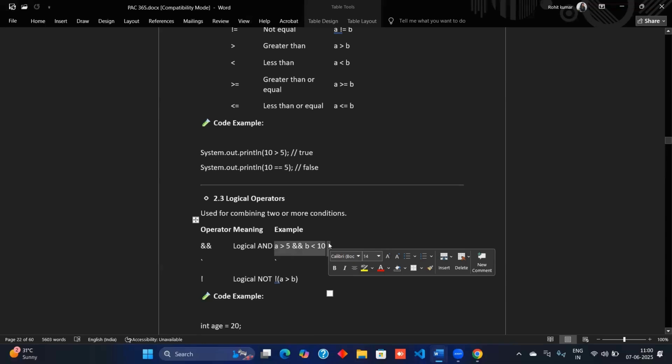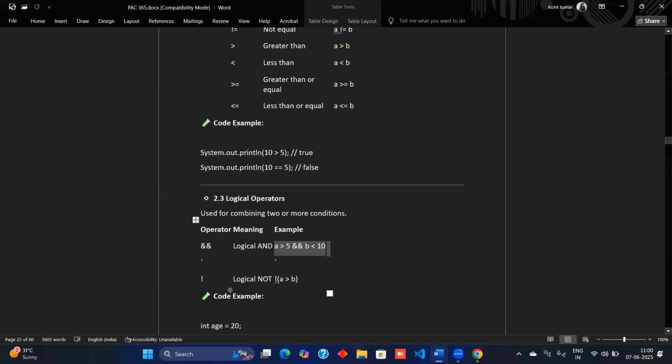If A is greater than 5 and B is less than 10, then there will be a fixed value. Suppose A is 6: it's greater than 5, and 6 is less than 10, so it will show true for this, and the final output will be 6.